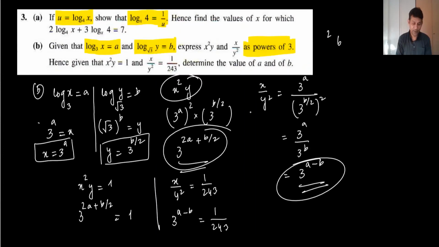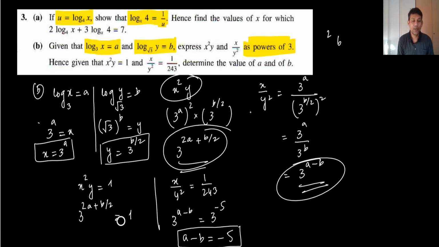Yes, 3 power 5 is 243. So this is 3 power 5. And when I move it up, this will become 3 power minus 5. And a minus b, because the bases are the same, we can write a minus b is equal to minus 5. This is the first equation.